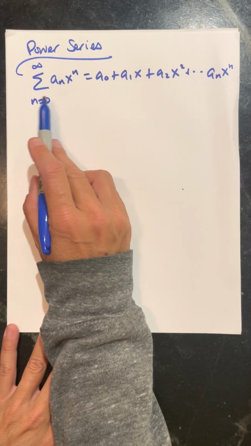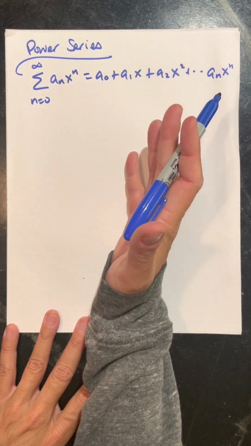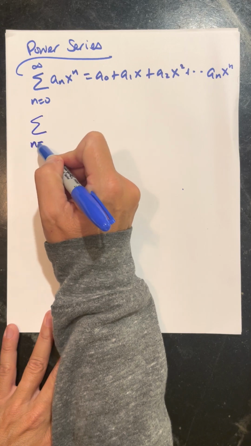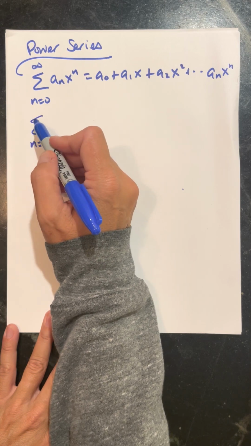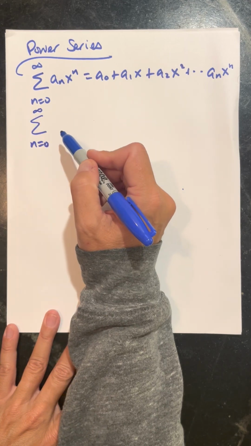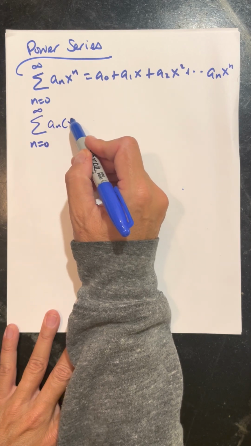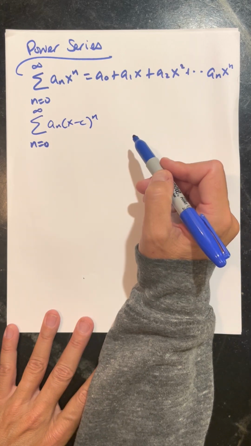I could also write a power series centered at not 0. We usually pick c for the center. I would write that as the sum from n equals 0 to infinity of a_n times (x minus c) to the n.